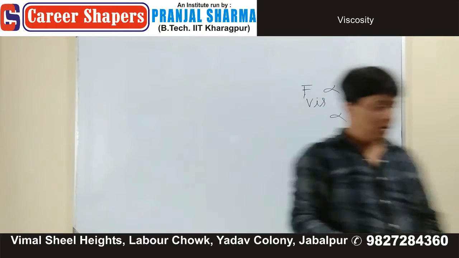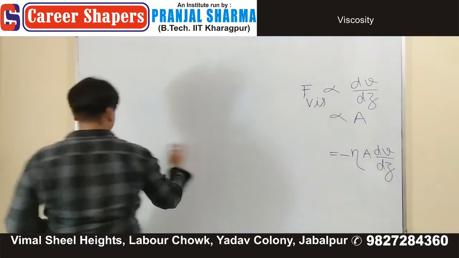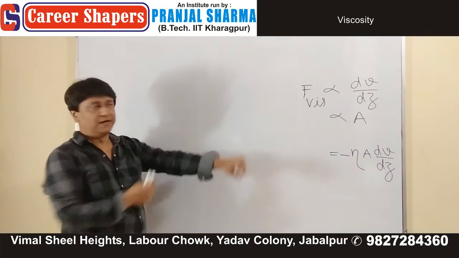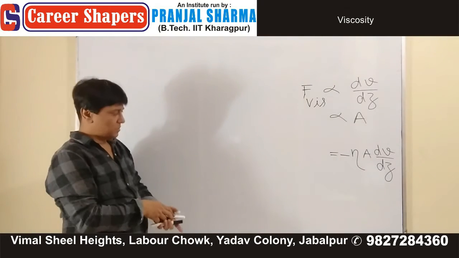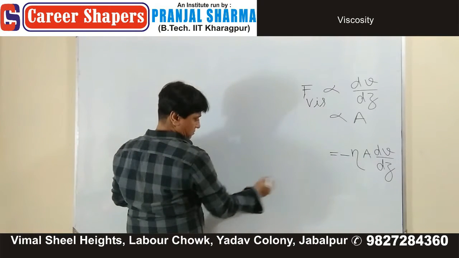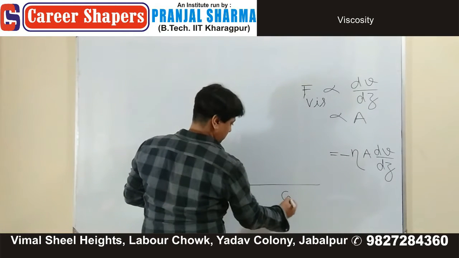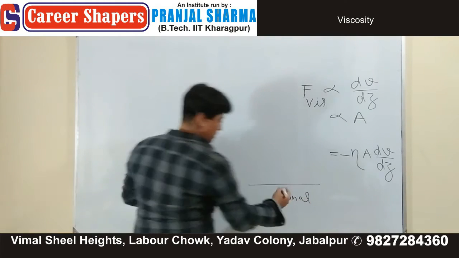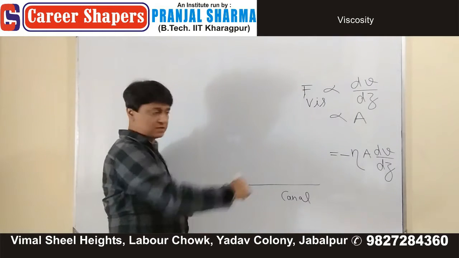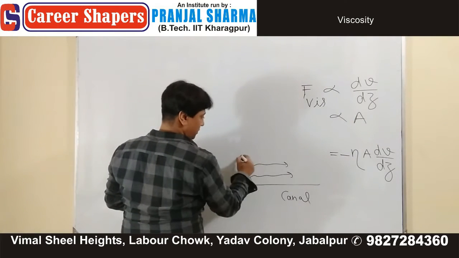Now this is for a situation where you have different layers moving with different speeds. Situation like this, just imagine a canal. This is the flow base, and then liquid is flowing, water is flowing.